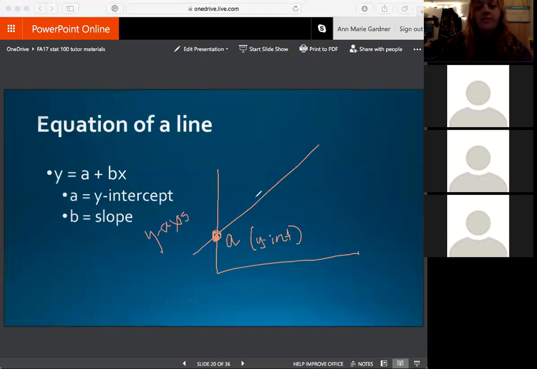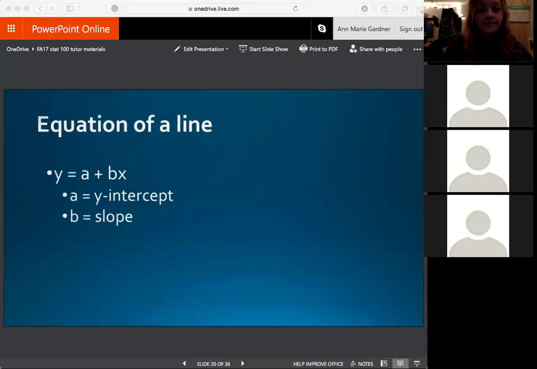B is our slope, our rise over run. And X is whatever value you're choosing on the x-axis to find the value on the line. That's what it is when you're making an equation of a line.